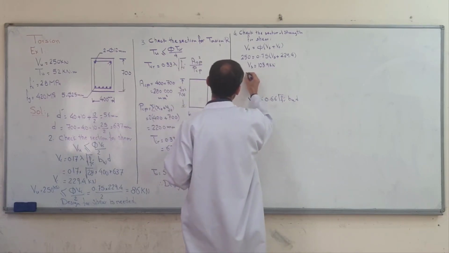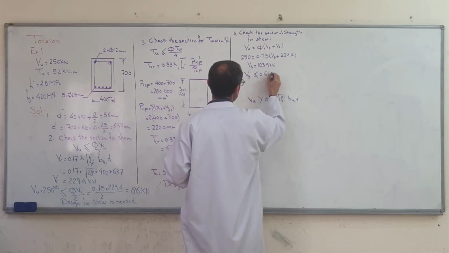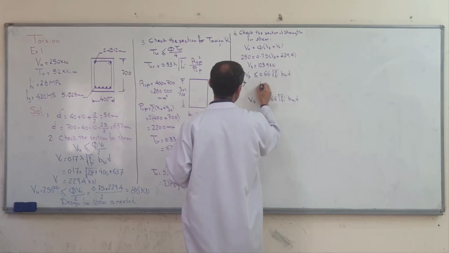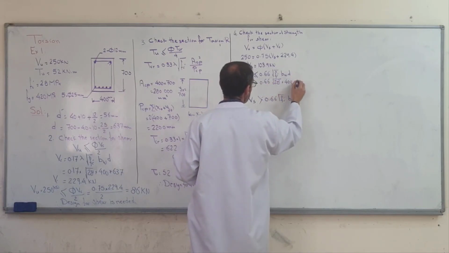Now I check Vs with this equation: 0.66 f'c bw d. I check it with 0.66, f'c 28, bw 400, d.